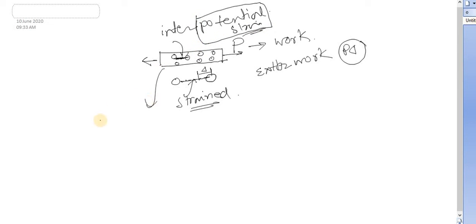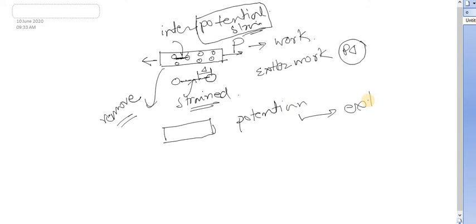For this reason, when you remove this force, it will come back to its original shape, or you can say this potential strain energy is again converted into external work. How? Because it has again shortened by an amount of delta.